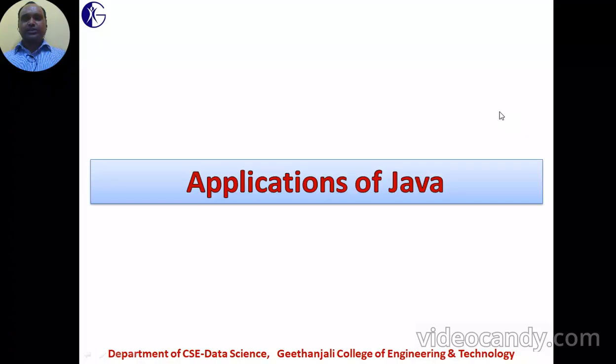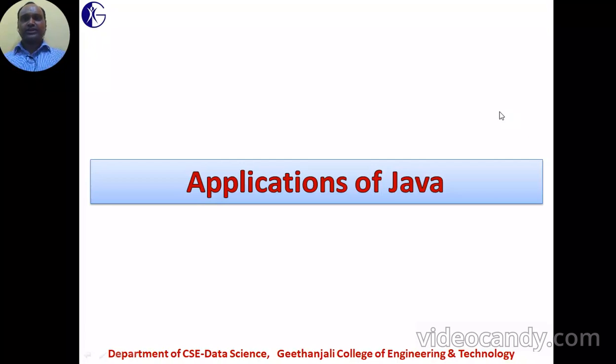And J2EE, Java Enterprise Edition, is used to develop complex Java-based applications like networking applications, or applications that run on thousands of networked computer systems. Such kinds of applications will be developed using Java.